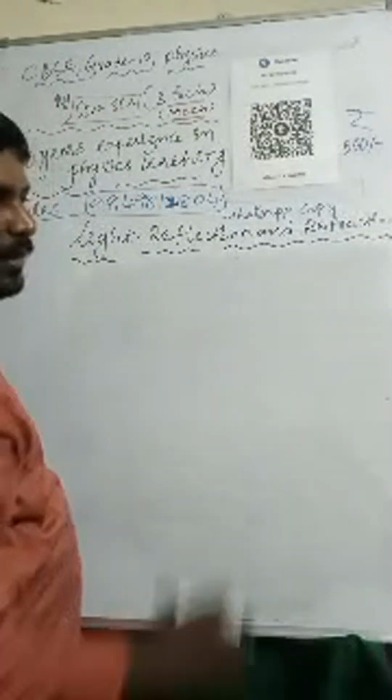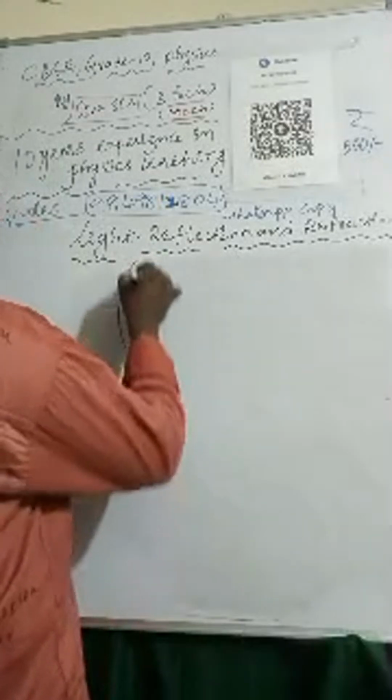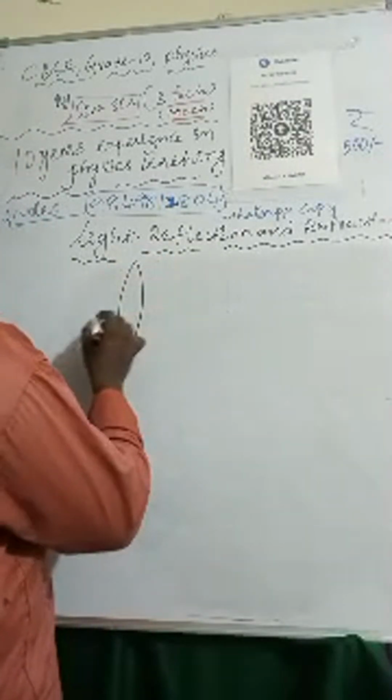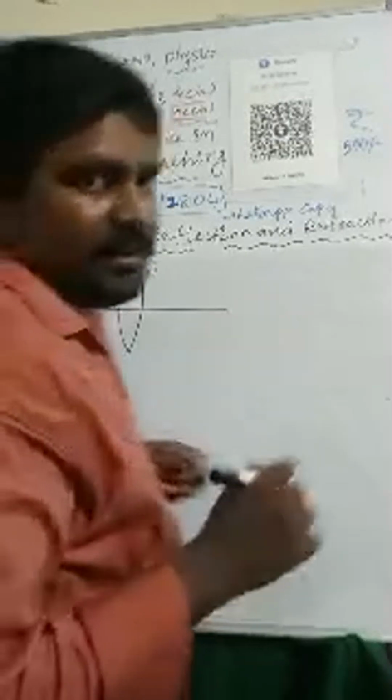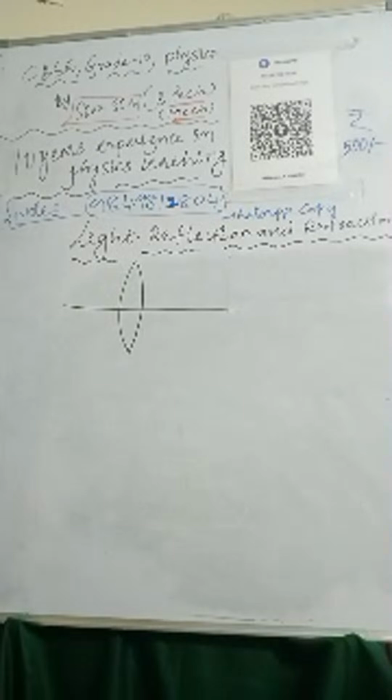The object is placed at 2F1. Next one. Just check once, so we'll see how it is.